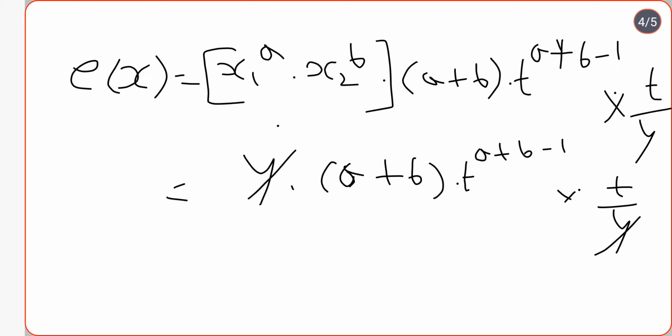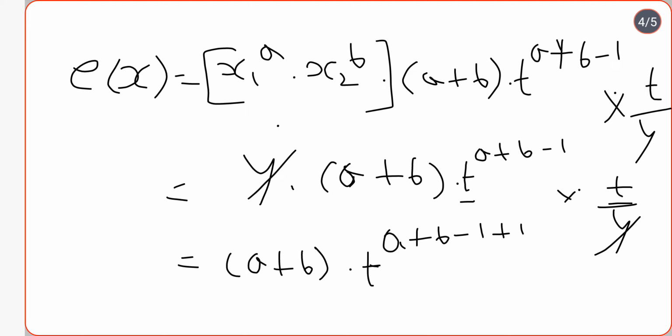This y and y will be gone. We will only have now a plus b into t to the power, now this t and t have the common base, but powers are different, so we have to add the powers: a plus b minus 1 plus 1. This t has the power of 1. So it has now become a plus b into t to the power a plus b.